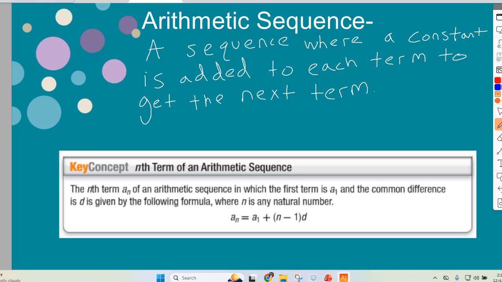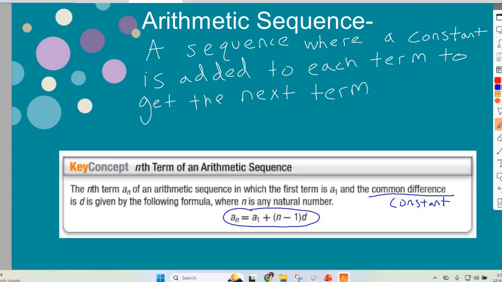Now, there are a lot of words up there. Basically, the biggest thing that you need to take away from this part on the bottom is that this is going to be our formula for our arithmetic sequence. And the common difference is just that constant that I was talking about.